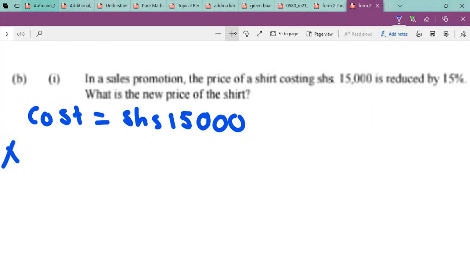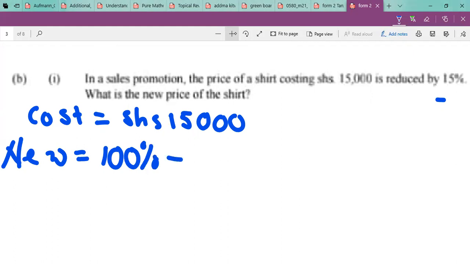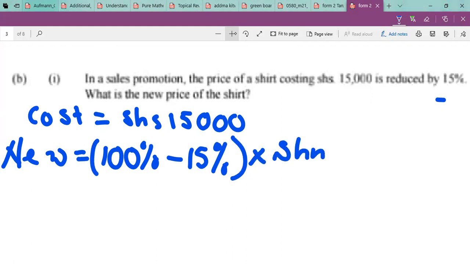So the new price, sorry, since the shirt has been reduced by 15%, the cost of the shirt now will be 100%, since we know the total percentage is 100, minus 15%, multiplied by the current price, which is 15 shillings.